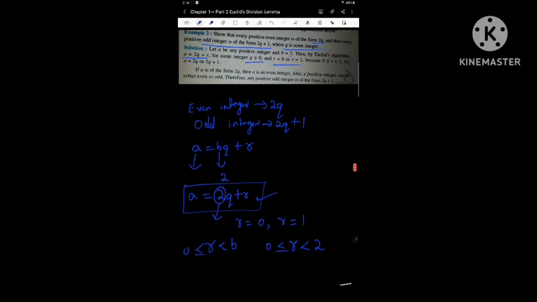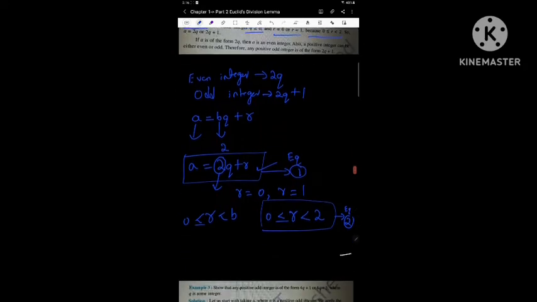They have mentioned it here because this is the condition. Let's name this as equation 1 and this as equation 2.